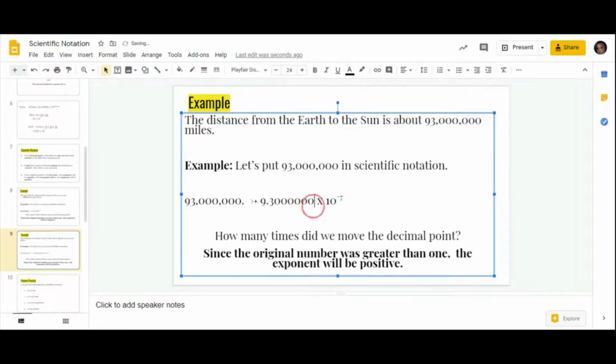I can also get rid of all of these zeros because writing it as 9.3 times 10 to the 7th means that the zeros are all inside of that exponent. If I were to multiply this number out, I would wind up with 93 million.